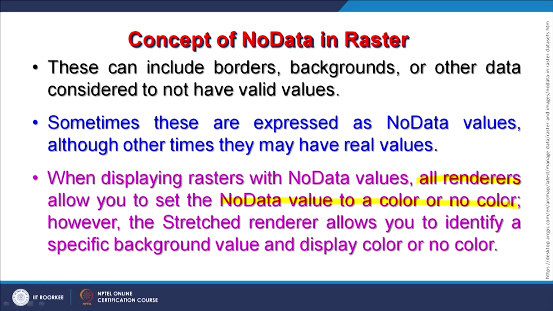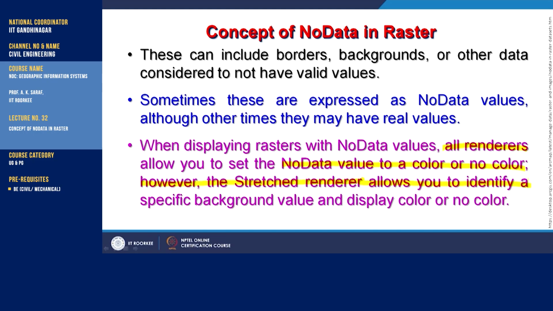So, it mixes with the background of your screen, and therefore you do not see anything outside of your arbitrary boundary. However, when we do stretching over the data, it has to be remembered by the system, or identified, that these values should not be considered in any of the processing. Nowadays it is handled very efficiently.